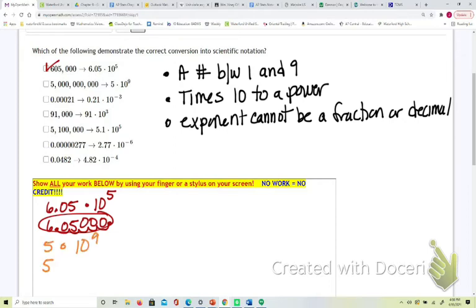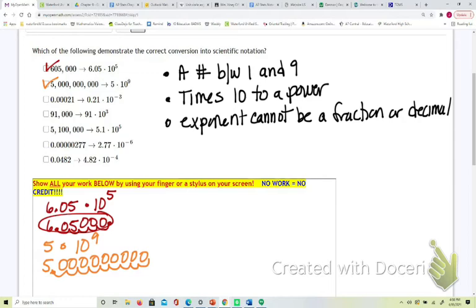So 5 point, remember the decimal point's at the end. And because the exponent is positive, I move it to the right. 1, 2, 3, 4, 5, 6, 7, 8, 9. Put zeros in all the empty spaces. Now I compare. Is this number the same as this number? And yes, it is, because it has 9 zeros. So it is right, and I select it.